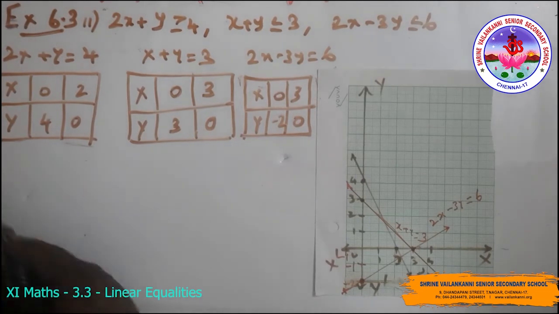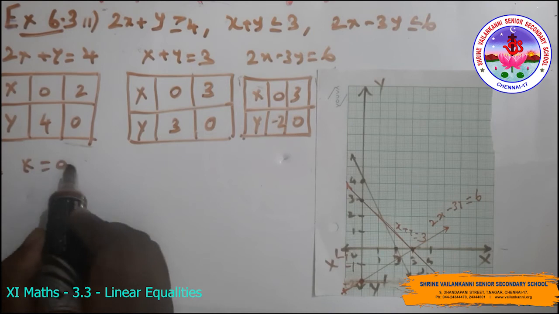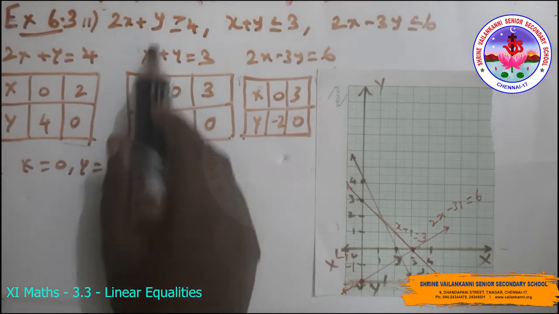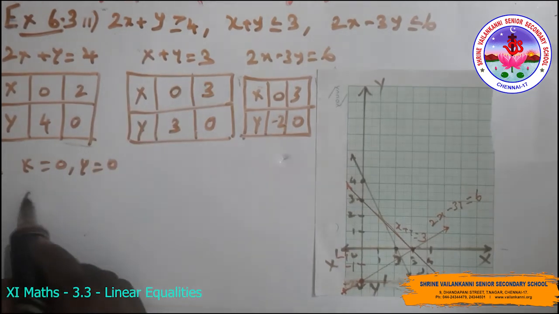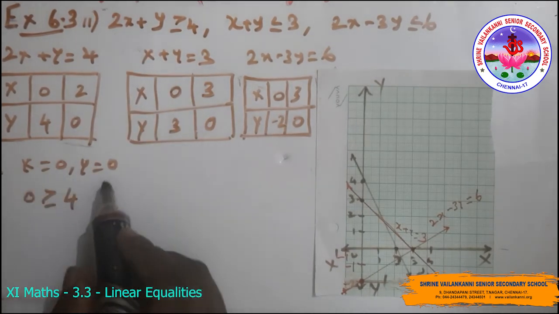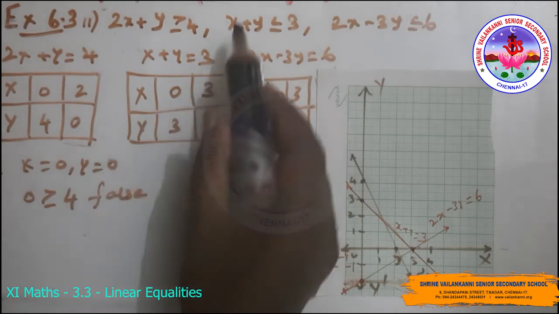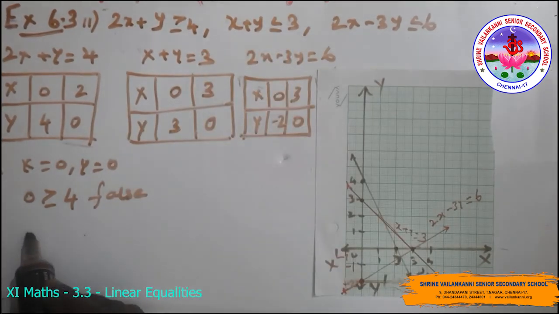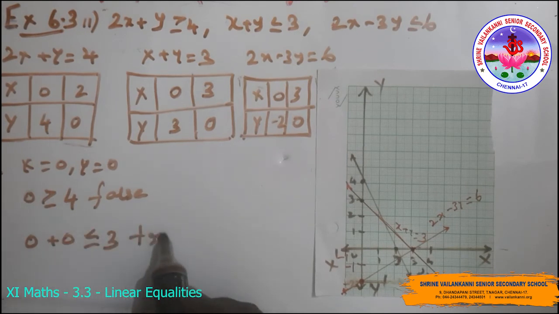So step 2, put x equal to 0 and y equal to 0. The first inequality, so 2 into 0, 0 plus 0, which is greater than or equal to 4, which is false. And the second inequality is x plus y less than or equal to 3. So 0 plus 0 less than or equal to 3. 0 is less than 3, which is true.